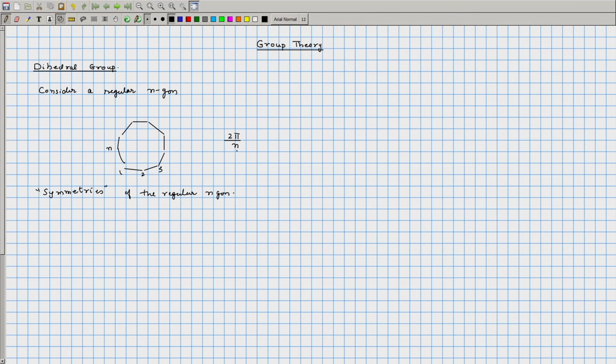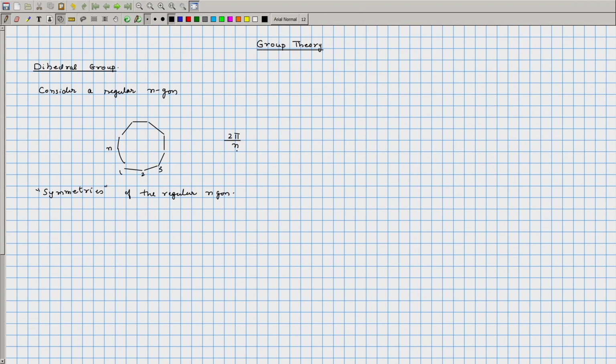Okay. Of course, if you have labeled the vertices, then whatever was at vertex 1 will go to vertex 2 if our rotations were anti-clockwise. So, that is an example of a rigid motion which leaves the n-gon unchanged. So, let us consider the collection of all such rigid motions of this regular n-gon.